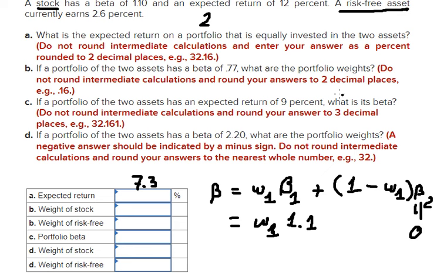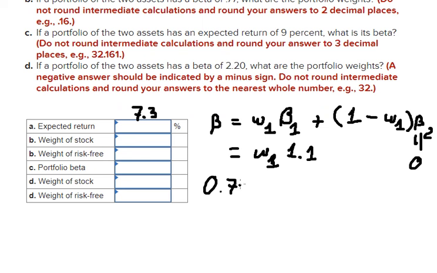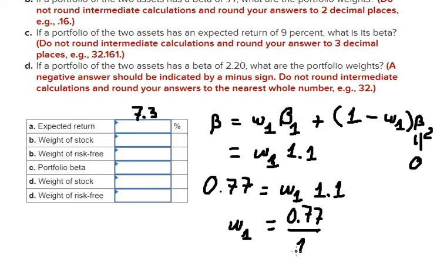The question provides 0.77, so we put this number in here. Then we divide both sides by 1.1, and we have 70%.